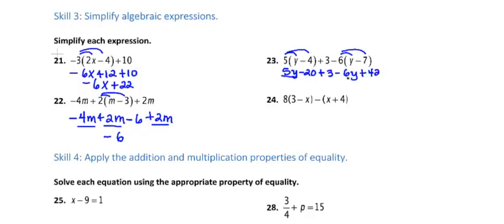We combine like terms. 5y minus 6y is a negative 1y, so we write that as just negative y. Negative 20 plus 3 is negative 17, and negative 17 plus 42 is what, 25?